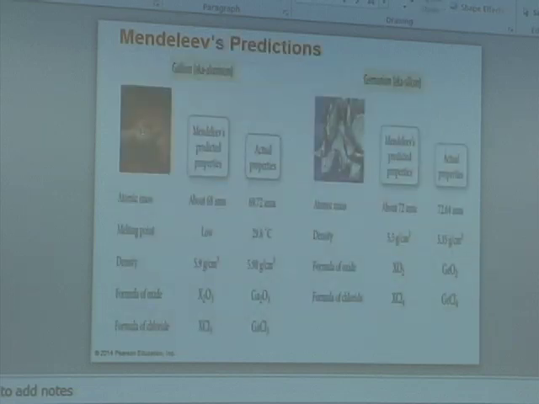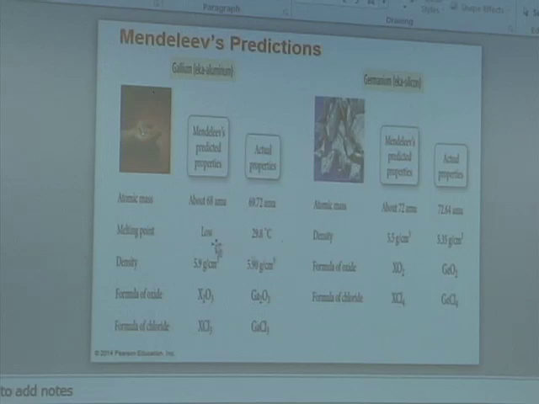This is what he came out with first, some examples of elements. For example, gallium. He called it eka-aluminum, just like aluminum, with very similar properties, because gallium is right underneath aluminum. And you also see germanium. He called it eka-silicon because it has similar properties to silicon.